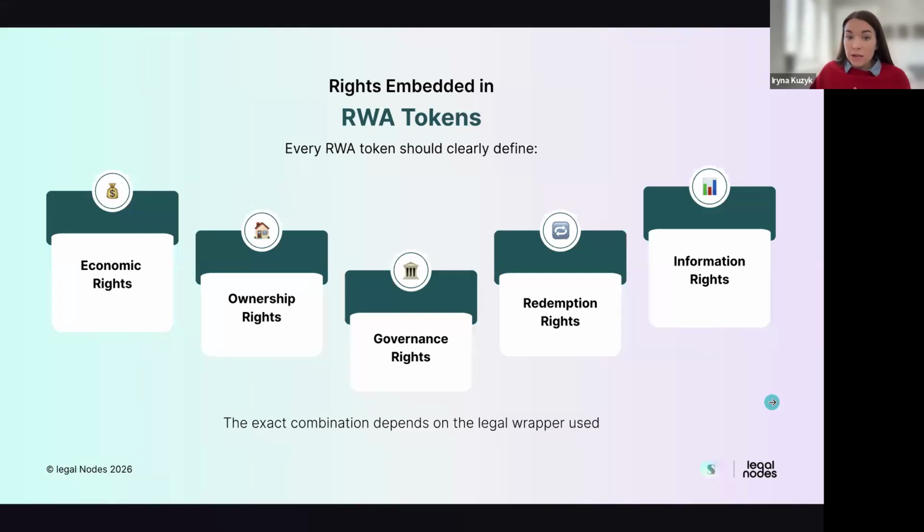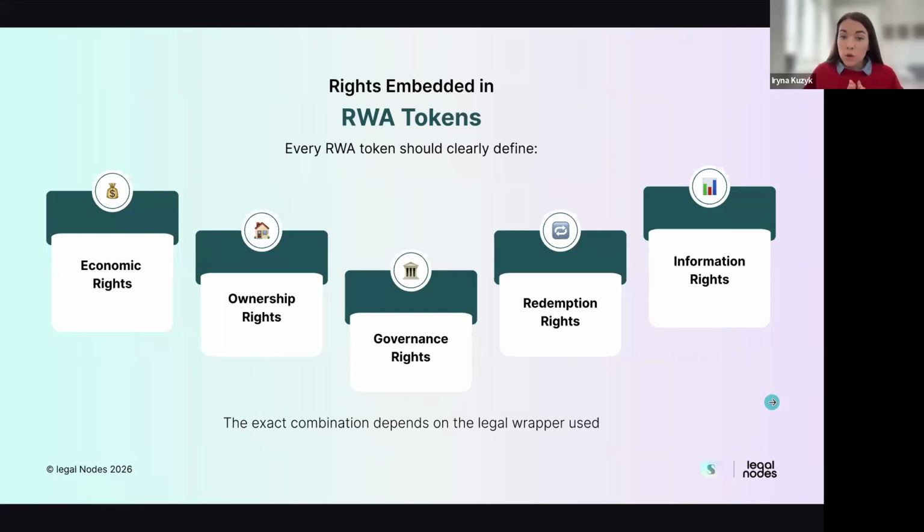The next category is ownership rights. In some structures, the token represents ownership of a company that holds assets. It's a very popular way of structuring securitization or tokenization through a special purpose vehicle, which is a company that actually holds the underlying assets.